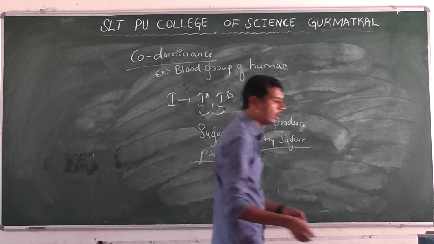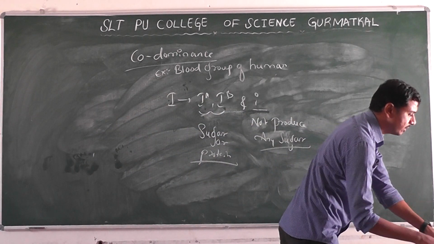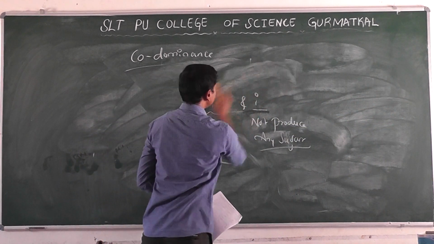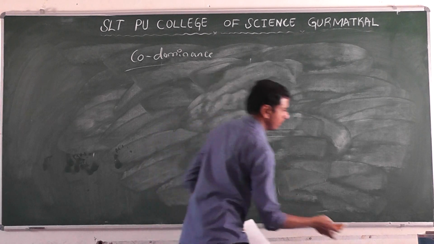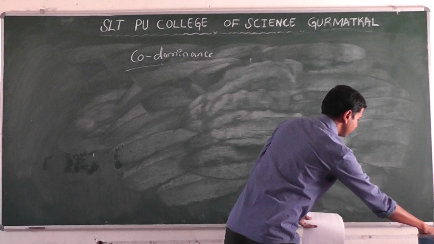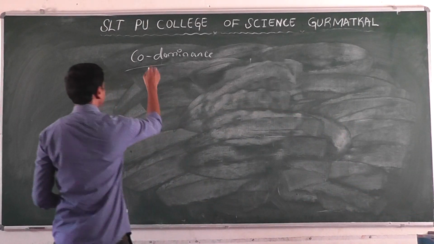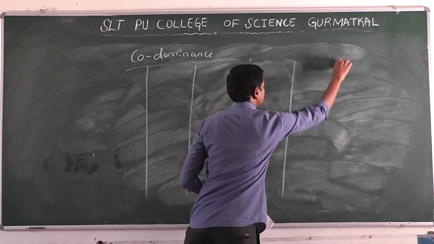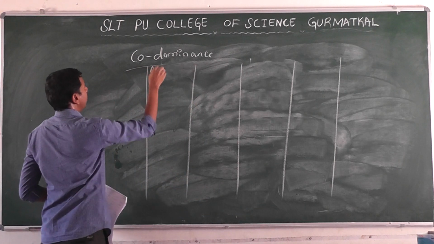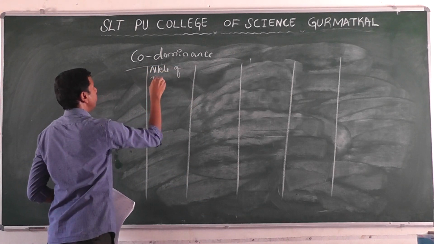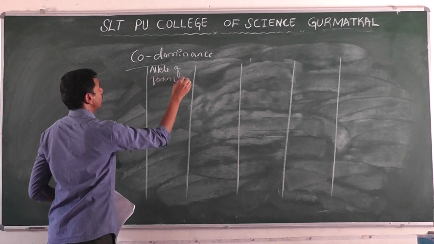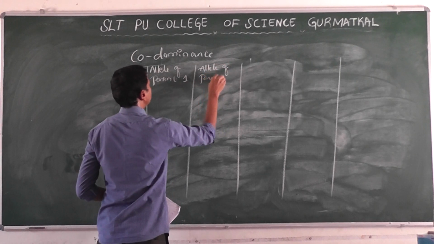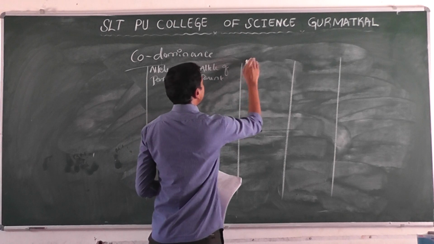Now we are going to concentrate on how the blood group formation will take place, how the expression of these genes will take place. So we have the allele of parent 1 and allele of parent 2, then the genotype of offspring.